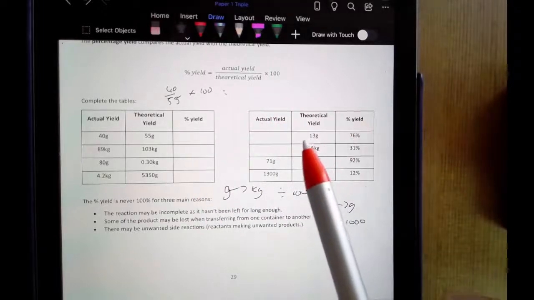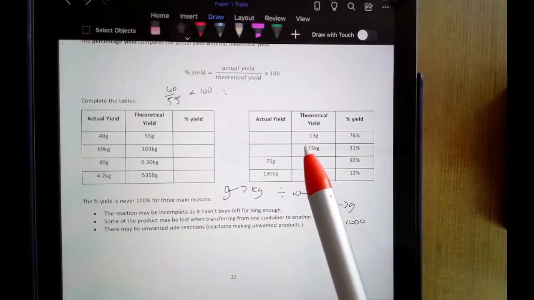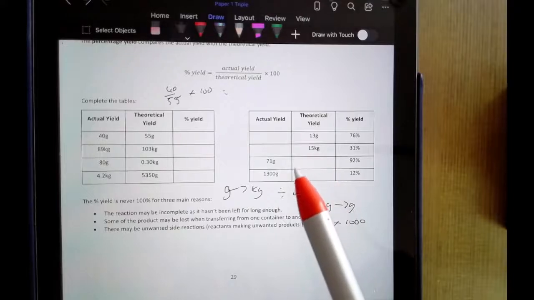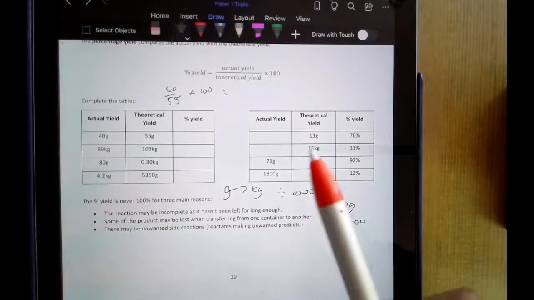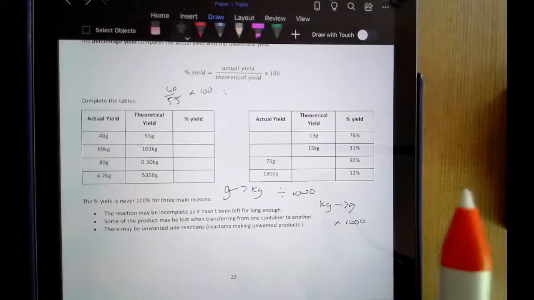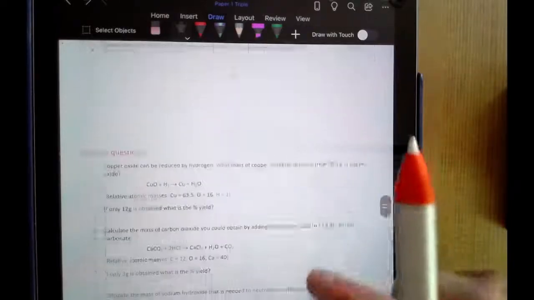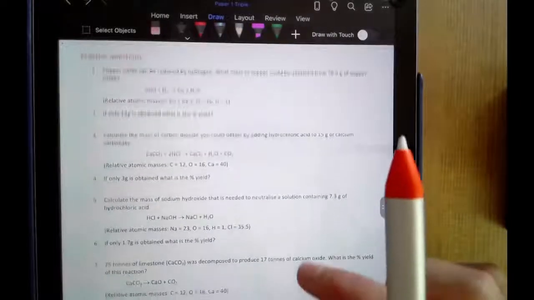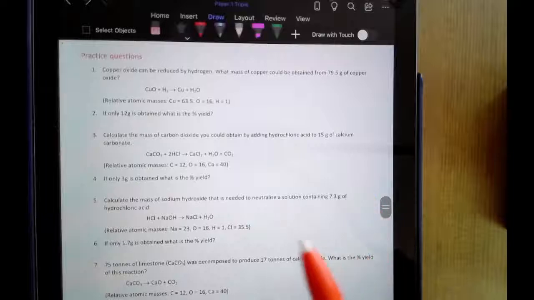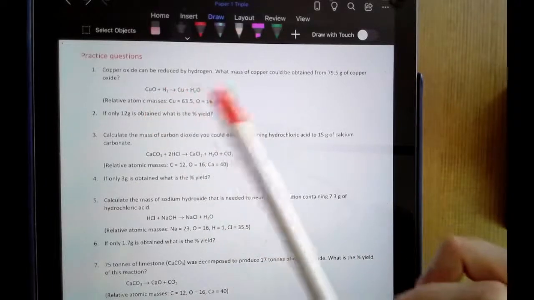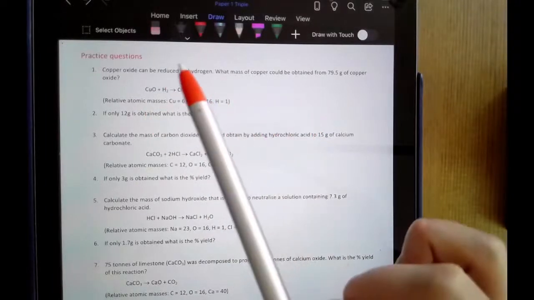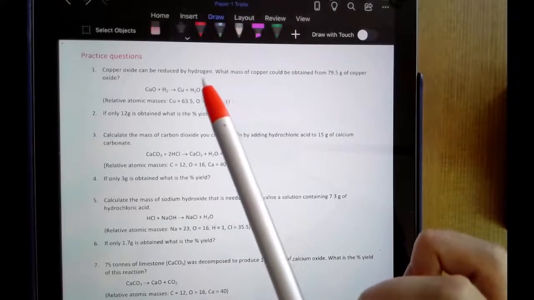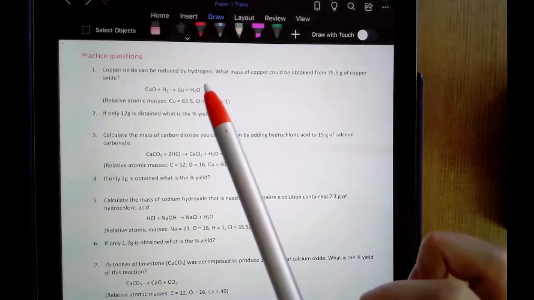The other table I've included here is more just for your math skills, but it's not specifically required for you to be able to do those calculations, but just have a go at them for yourself. And then in class, you are going to be told to complete the following practice questions. They're all done exactly the same way, okay? The first thing you need to do is calculate your theoretical yield using your moles table.